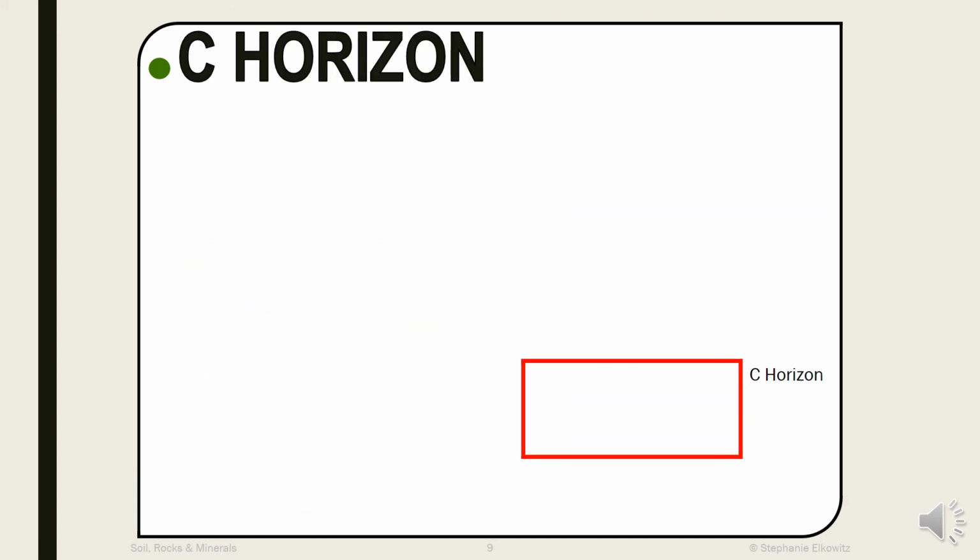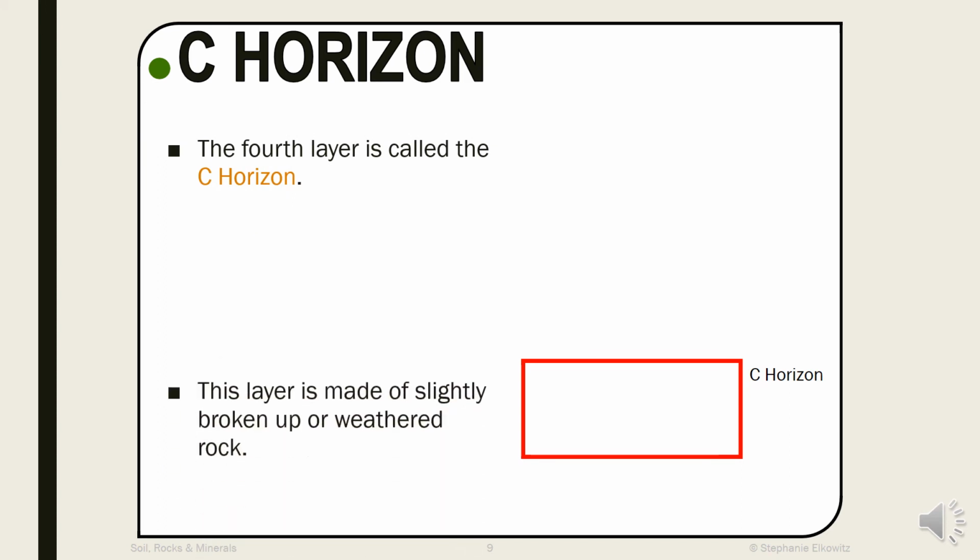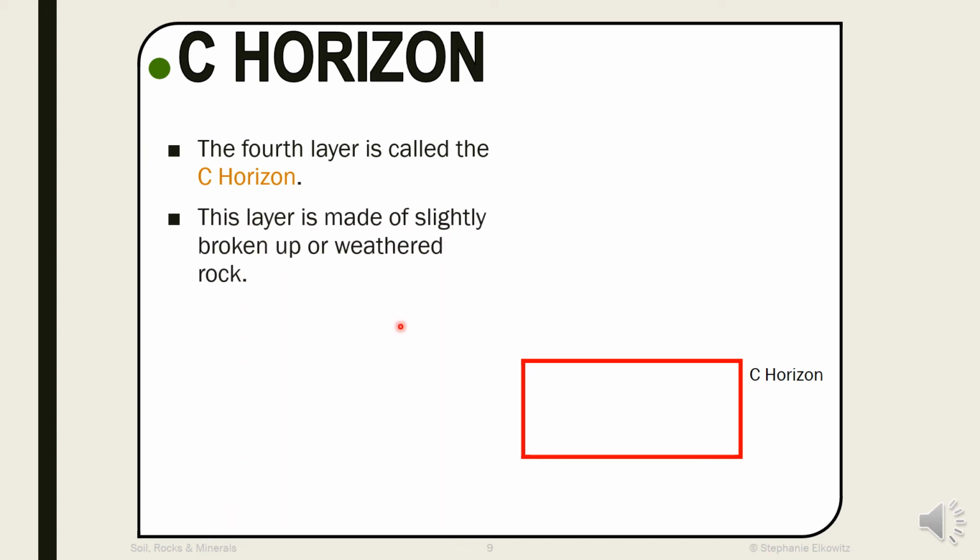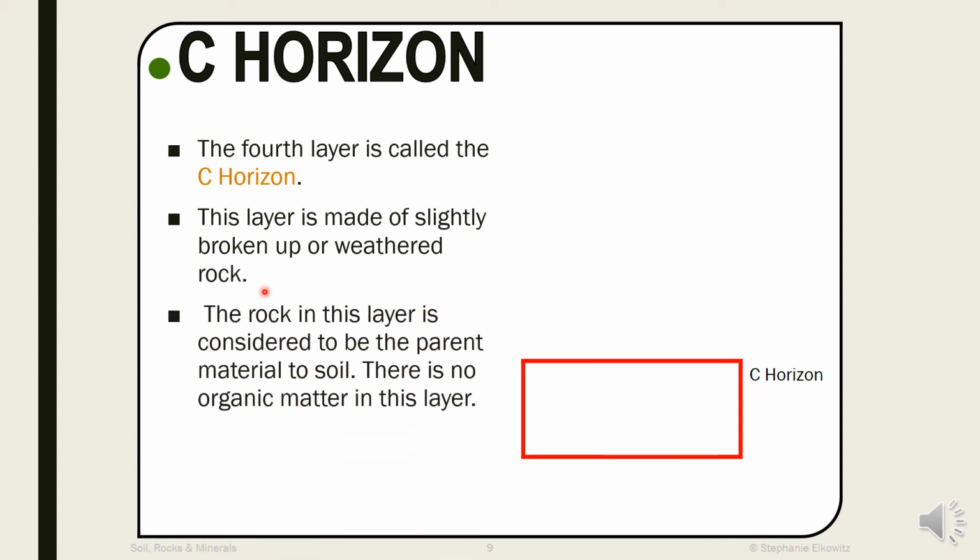Fourth one is the C horizon. This is the fourth layer, and this layer is made up of slightly broken up or weathered rock. Keep it in your mind. This layer contains slightly broken particles of rock, and the rock in this layer is considered the parent material of the soil. What is the parent material?